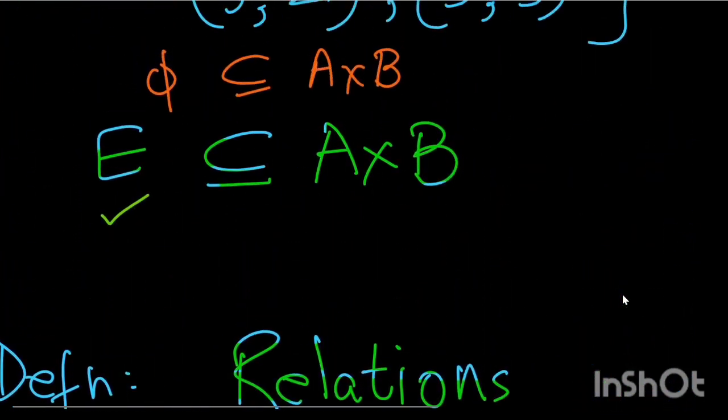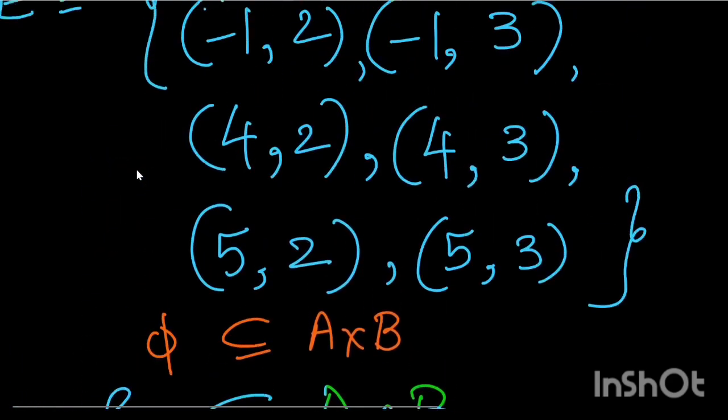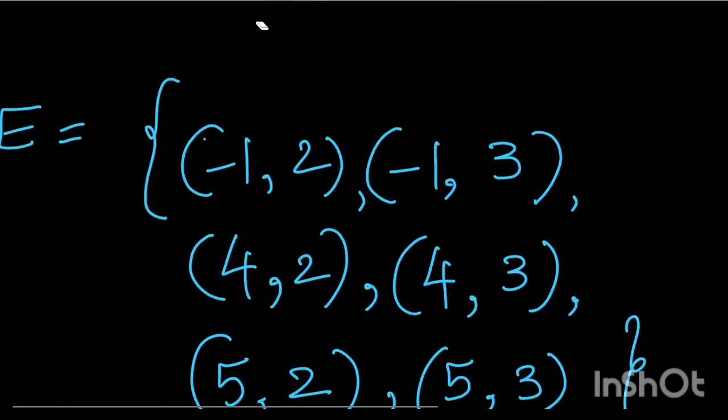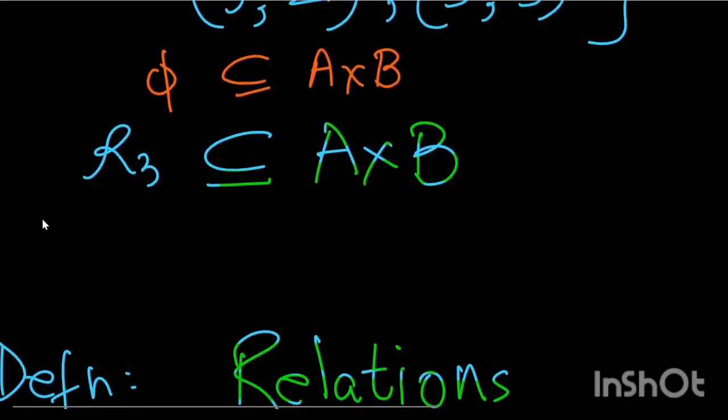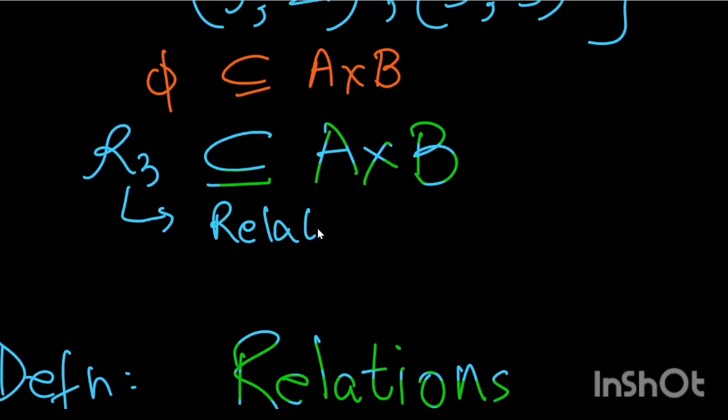So now instead of E, let's say this is R3. R3 is a subset of A cross B. I will replace this E by R3. So R3 is a relation defined from A to B.